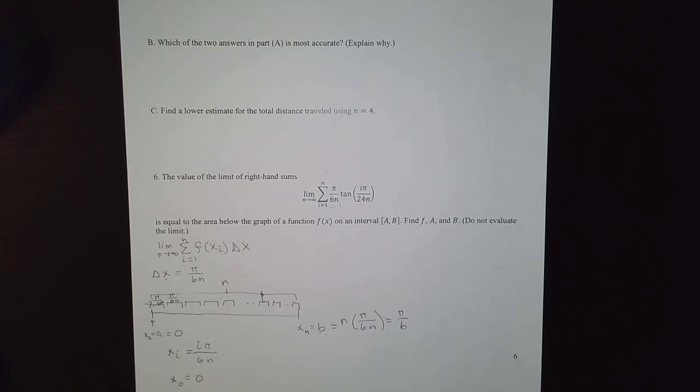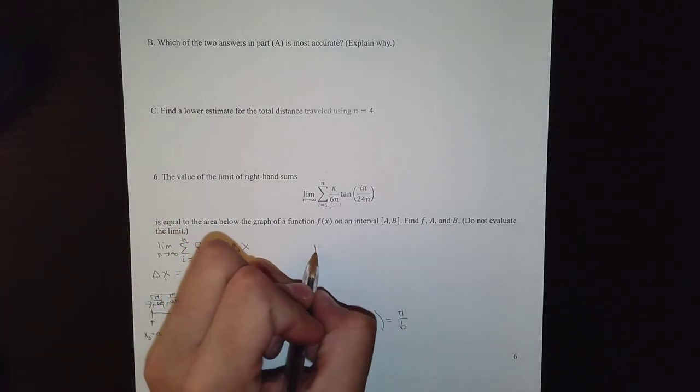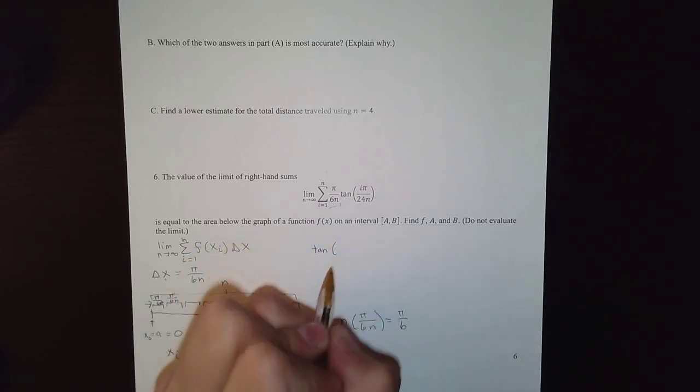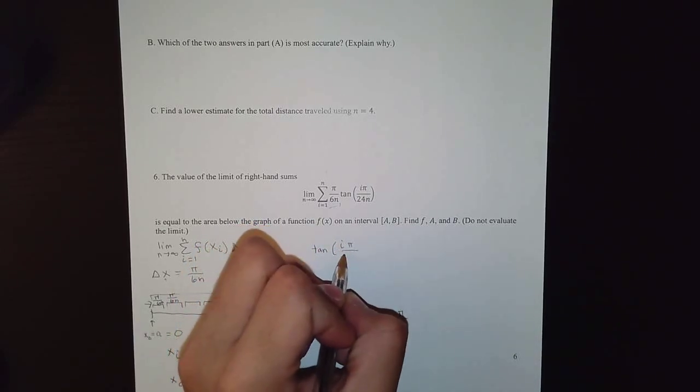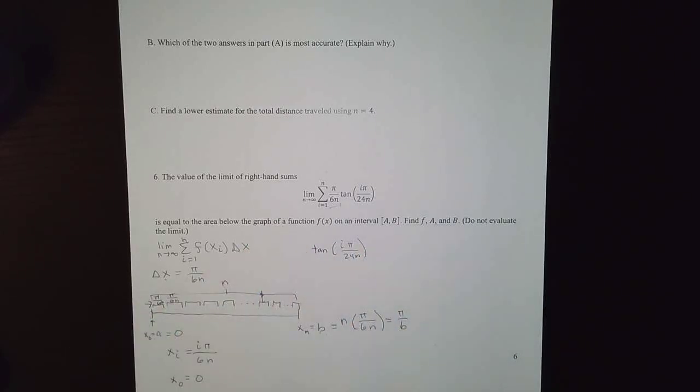But what would be our function of integration? We need an f of x sub i, and what we have is tangent of i pi divided by 24n. Well, let's look at this x sub i down here. We know that x sub i is i times pi divided by 6n.